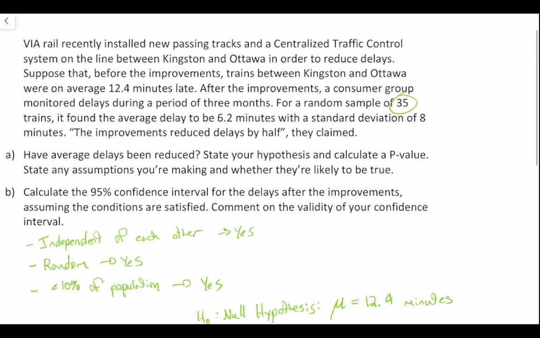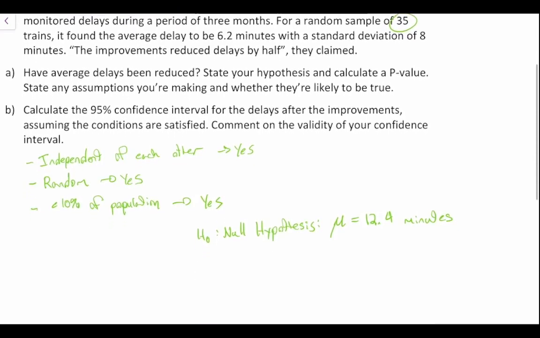This was the average delay before the improvements. Our alternative hypothesis, or HA, is simply that mu is less than 12.4 minutes.